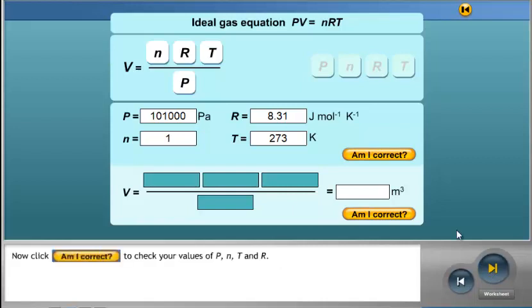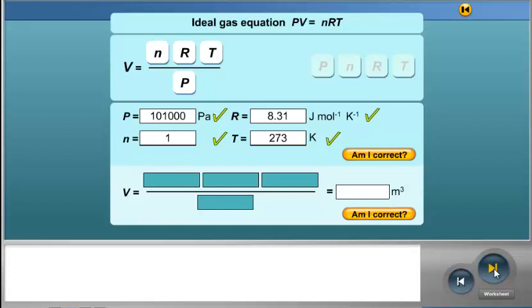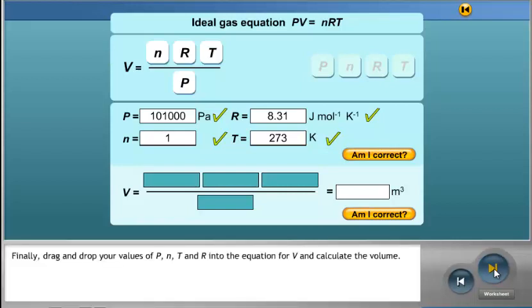Now click Am I correct? to check your values of P, N, T and R. For any values that you got wrong, try again. And finally, drag and drop your values of P, N, T and R into the equation for V and calculate the volume.